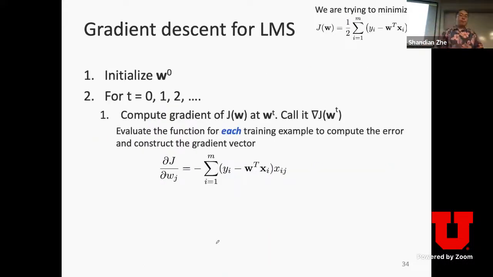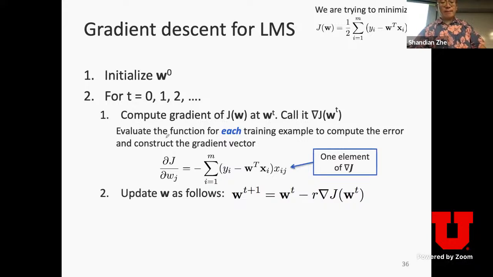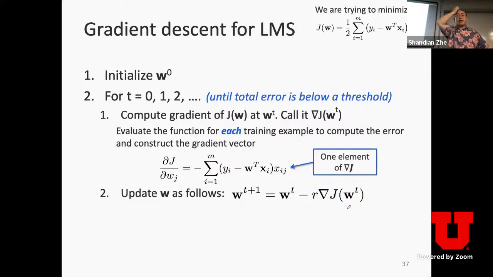Now we can apply our calculation to get every element of the gradient. Once we have collected all the gradient elements, we update our W using gradient descent, and just keep doing this. In every iteration, we calculate the gradient of the objective function with respect to the current weight vector, and then update the weight vector.